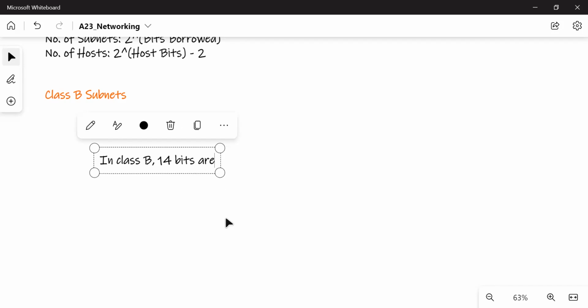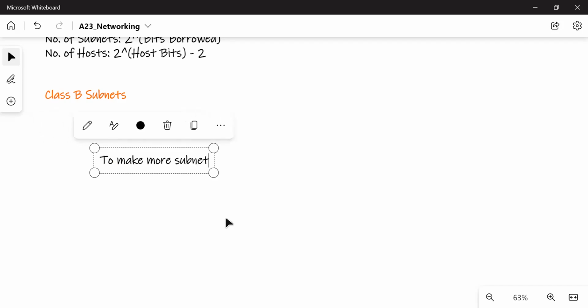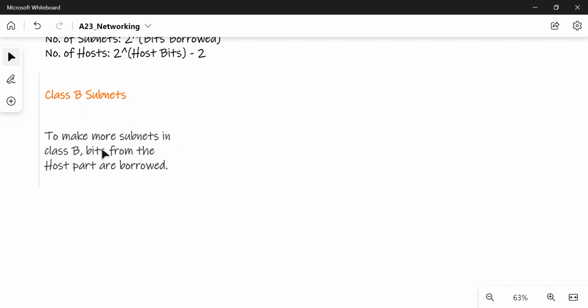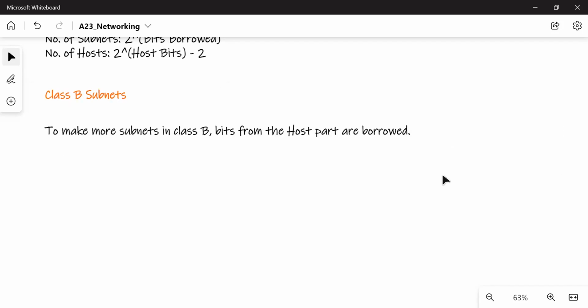Now we are going to create subnets. To make subnets in class B, we are going to borrow bits from the host. So to make more subnets in class B, now we are going to borrow them.